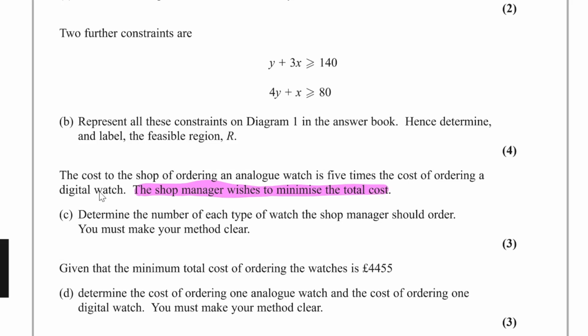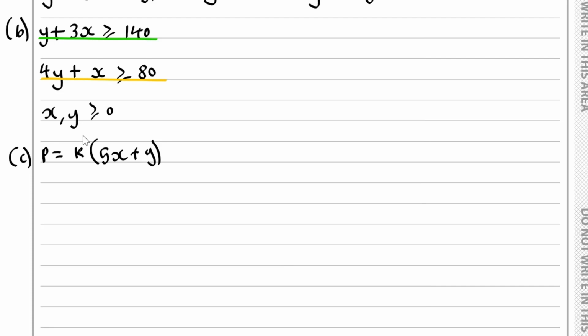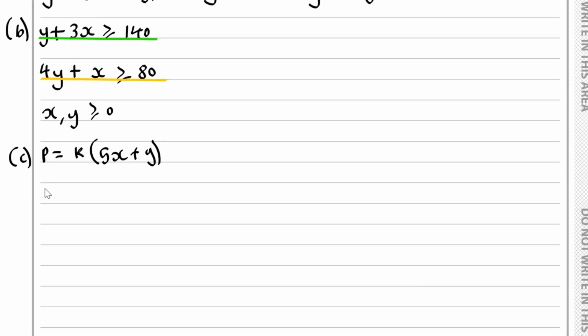Obviously k is a constant. Now if we substitute each of these points in, if we substitute in the 20, 80, p is equal to k lots of 5 times 20 plus 80, which is 180k.